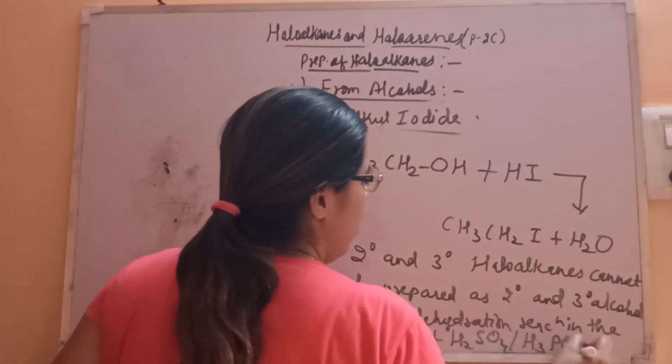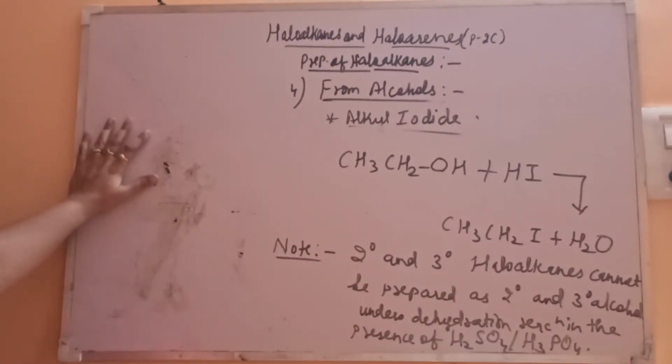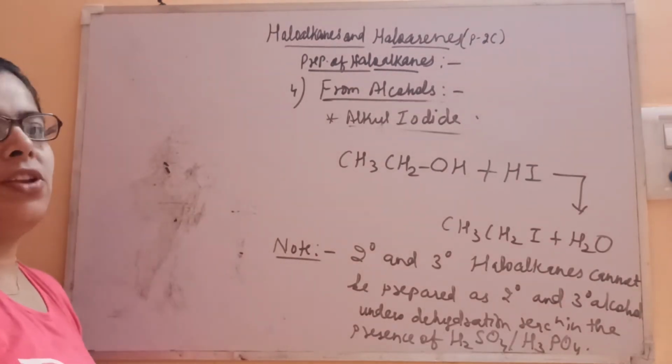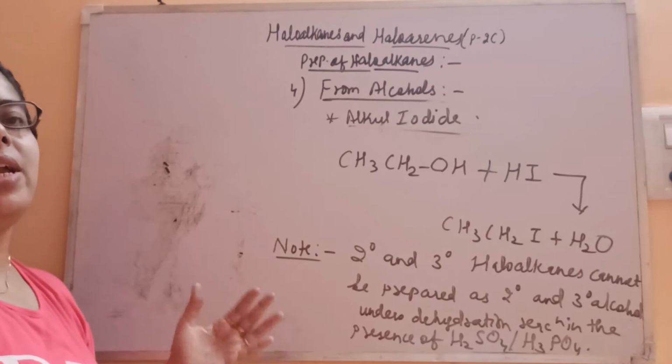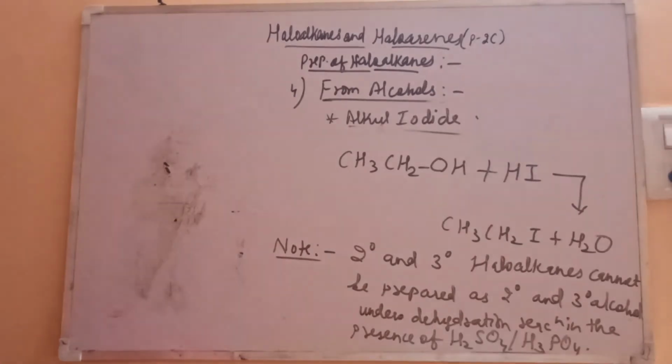That's why secondary and tertiary haloalkanes cannot be prepared by this method. Secondary and tertiary iodoalkane or bromoalkane cannot be prepared because they prefer to undergo dehydration. So water will get eliminated and you will get the alkene as the product, which we don't want. Fine. So this is all about the preparation from halogen acid.